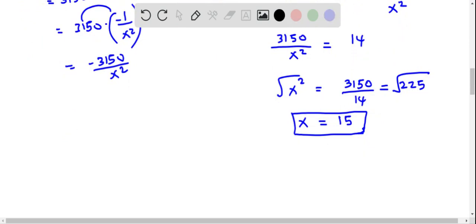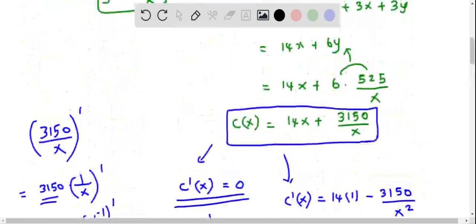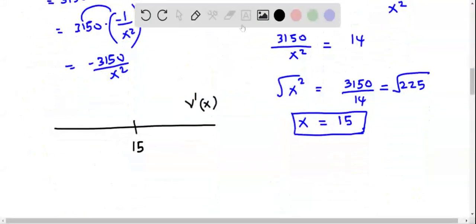Now we will prepare a sign chart to determine whether the cost is minimum at this critical number. So we are preparing a sign chart for the first derivative, and we have x equal to 15 over here. So we will find the derivative of the cost function, that is C prime of x.